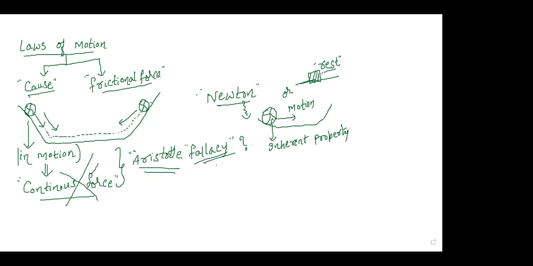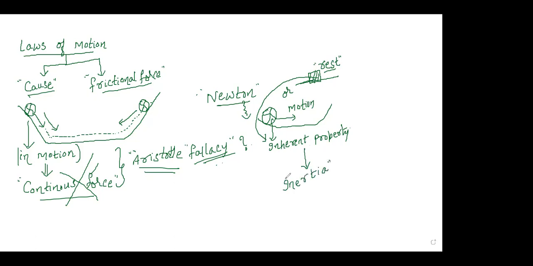So there is an inherent property here also. A body can be continuously at rest, or continuously in motion, because of the inherent property present in the body. That inherent property we consider as inertia.